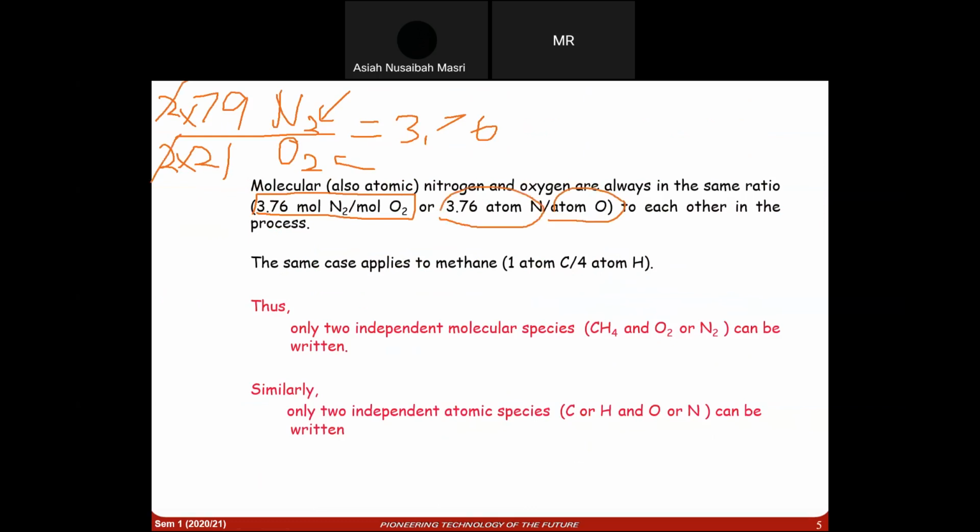It's as if you are writing 2 times 79 over 2 times 21 and also O. We can remove this and we'll still get the same thing, which is 3.76. The same case applies to methane.